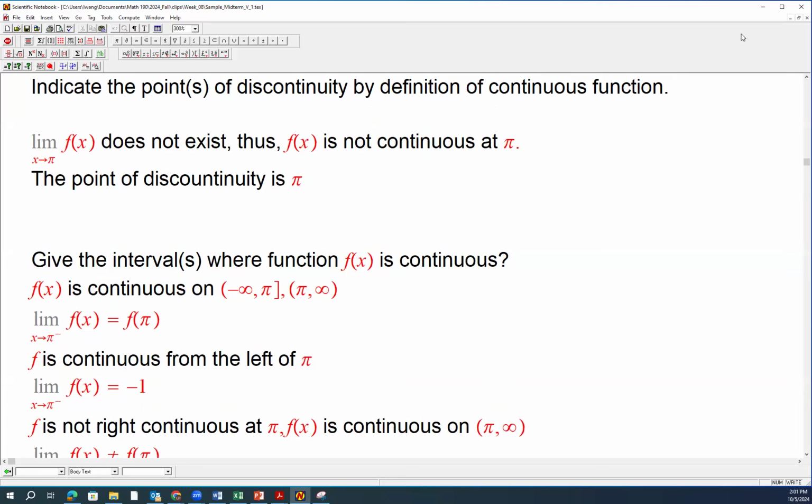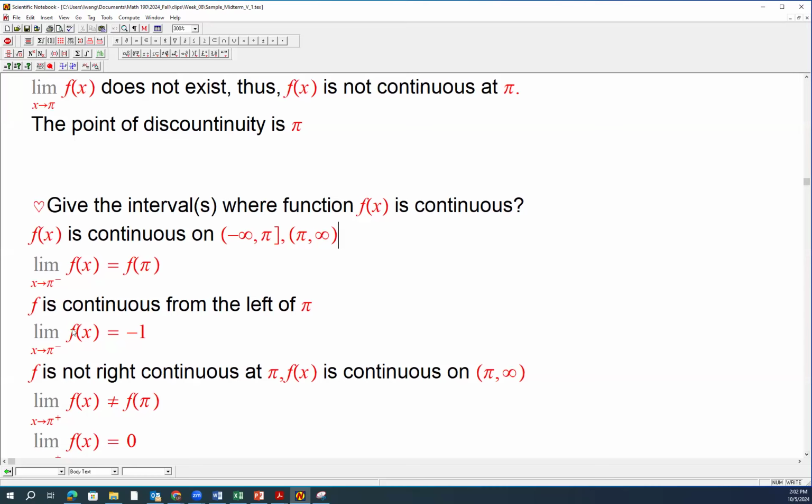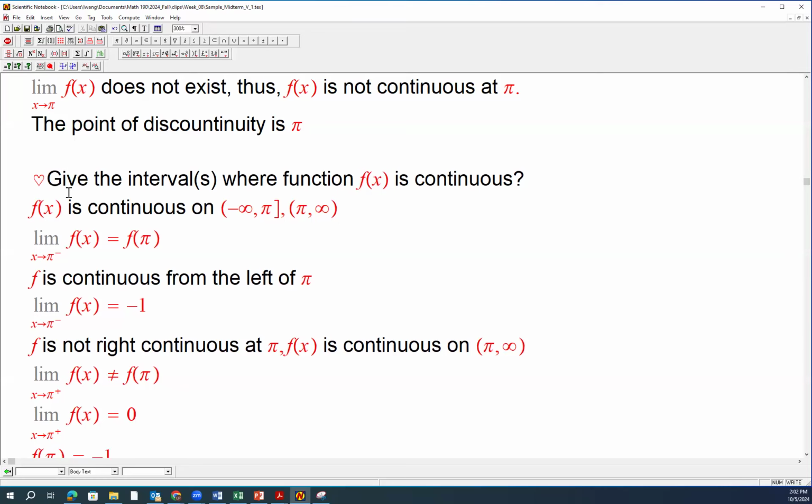This is an additional question, so I'm going to put a little symbol for you to get your attention. The second additional question is to give the intervals where the function is continuous. We are going to use continuity, left continuity, and right continuity. Because we determined pi is a point of discontinuity, pi is a point of interest.